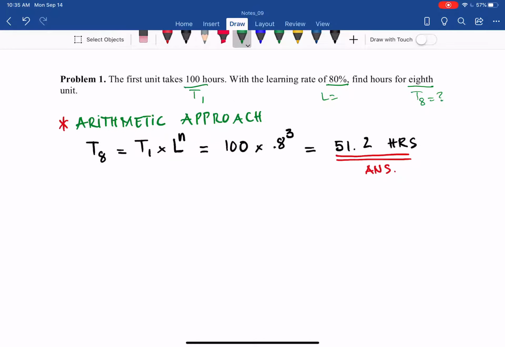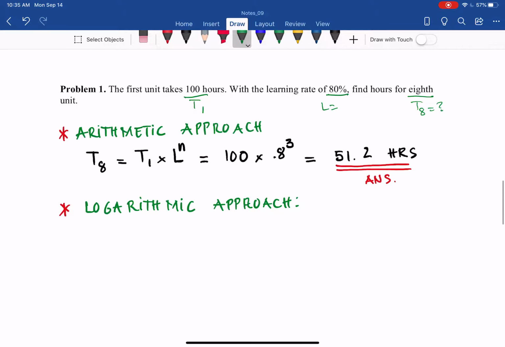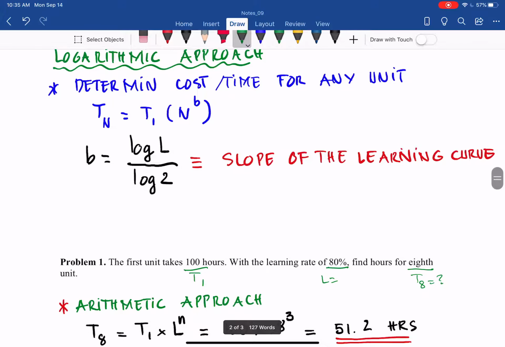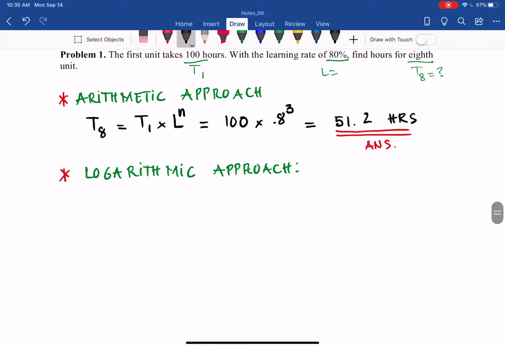And then if we use the logarithmic approach, it becomes easier. We have that equation here. We need to determine the slope of the learning curve. So we have b equals log of L over log of 2, so log of 0.8 over log of 2.